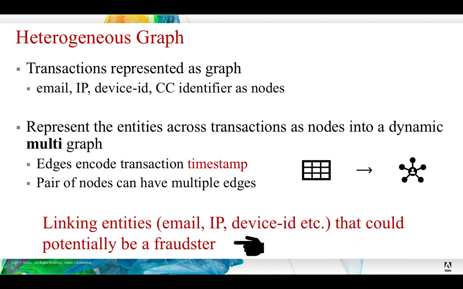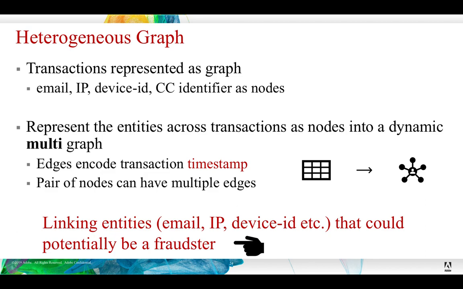Here we represent the transactions as nodes in a dynamic multigraph, where edges encode the transaction timestamp and pairs of nodes can have multiple edges. Remember, this is a heterogeneous network which has four types of nodes in this case: email, IP address, device ID and credit card identifier.